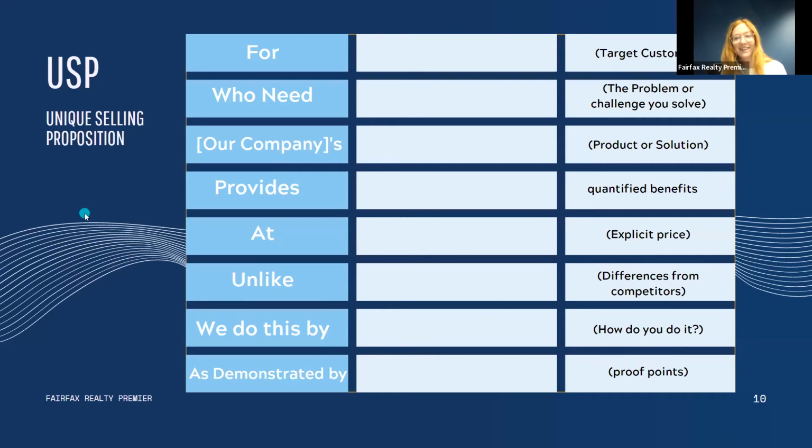So your unique selling proposition. The USP is something that we talk about a lot in marketing. It is what you are putting into your messaging. It is what makes your company unique from other competitors. So you're always going to be looking at your competition to see what they do.